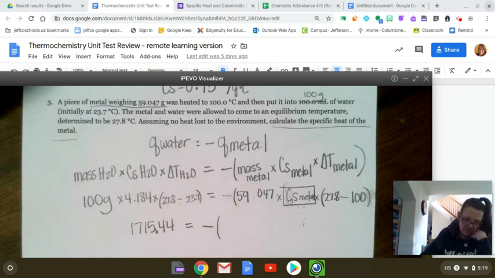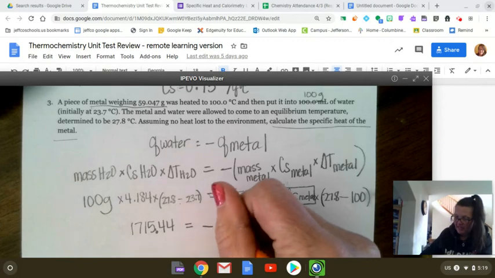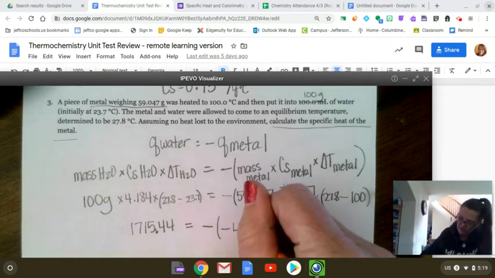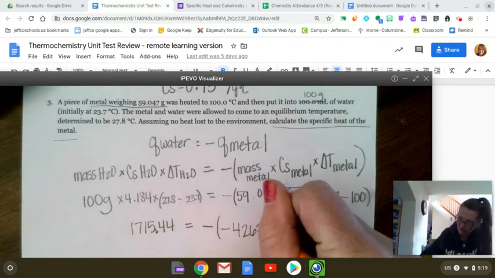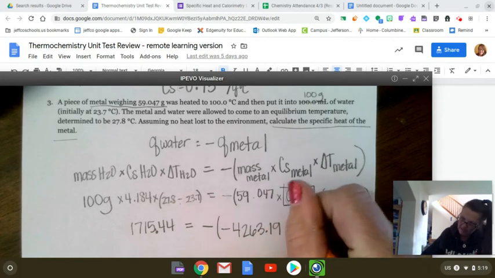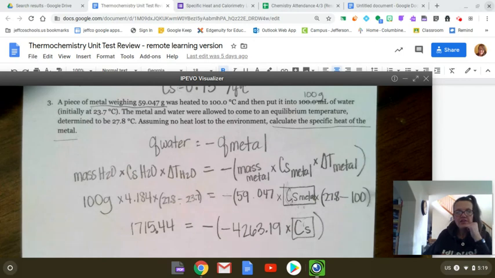So let's see here, 27.8 minus 100 times 59.047 gets me a negative 4263.19, and of course times the specific heat. That's what we're looking for. Okay, so now I just have to solve for specific heat.